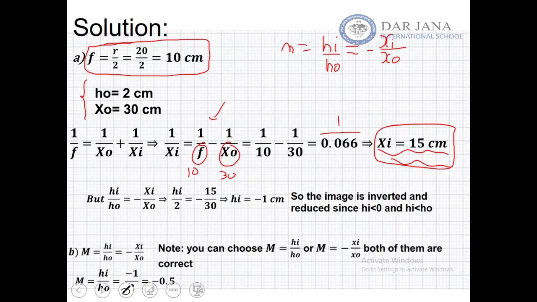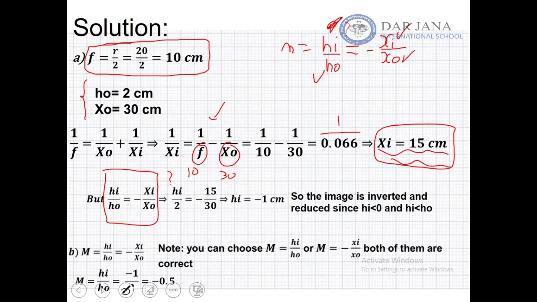Since hi is not given, we need to find hi. We have ho given, xi we already found, xo is given, so simply we're gonna find hi. Put the relation here: hi over ho equals negative xi over xo. hi is the unknown, we need to find it.